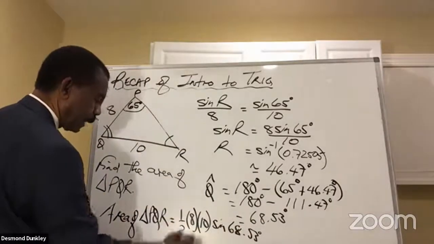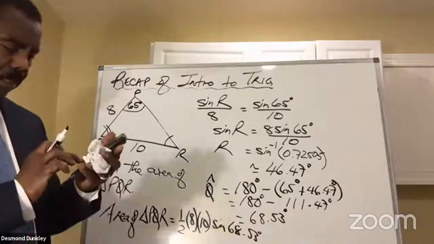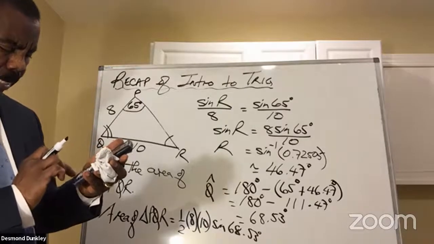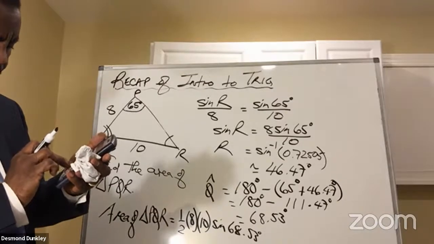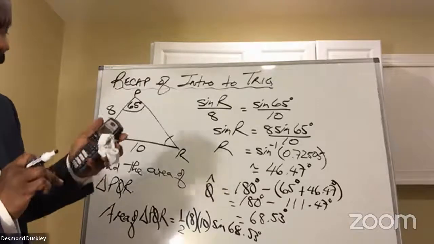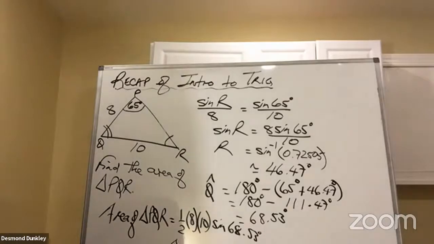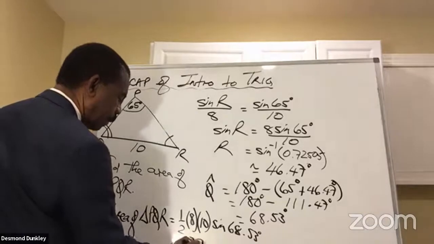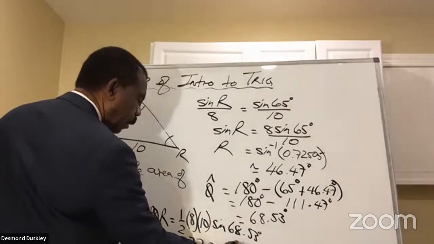And that's approximately, 4 times 10 is 40, so we're talking about 40 times sine of 68.53. And that works out to be 37.224, approximately 37.22 square units.